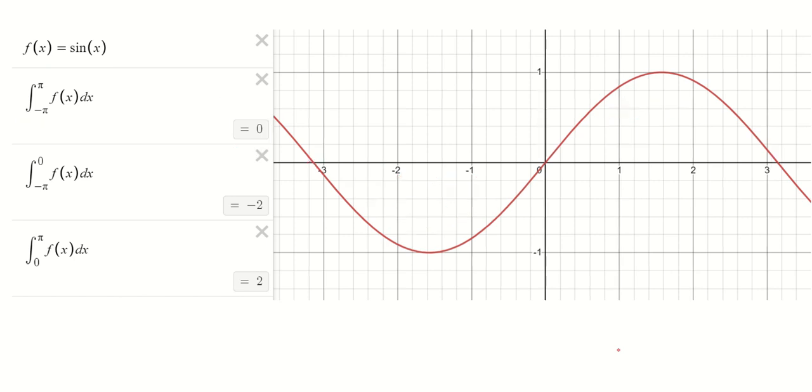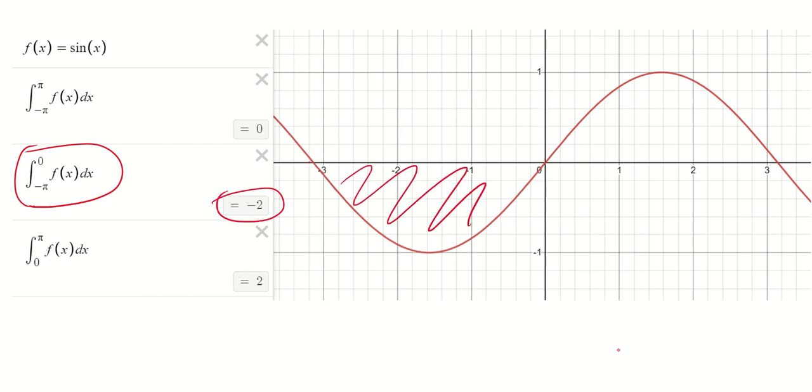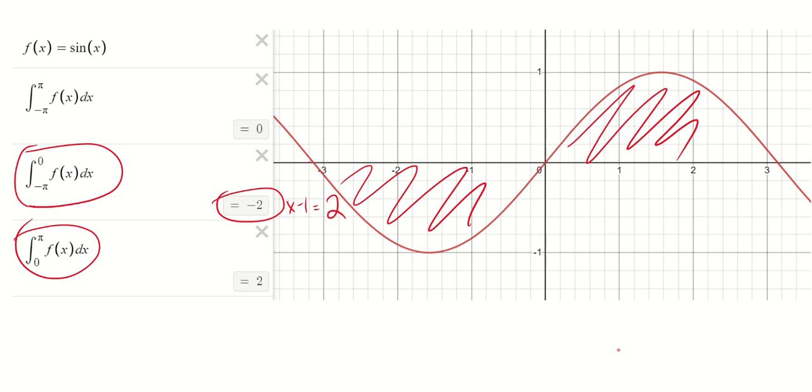If I wanted to find the physical area, I would integrate from negative pi to 0, this little part, find out that it's negative 2, and then I'd multiply this by negative 1 to make it positive 2, because that physical area is 2. This other part, I'll just integrate from 0 to pi, get a positive 2 here, add these together, 2 plus 2 equals 4. Okay, so we're going to use these same ideas in that actual multiple choice question.